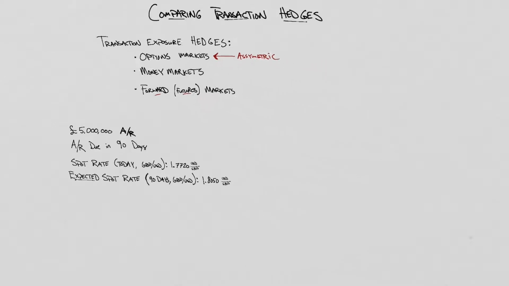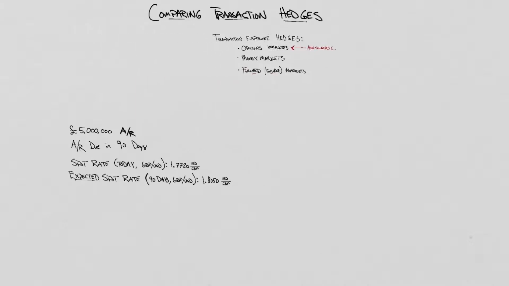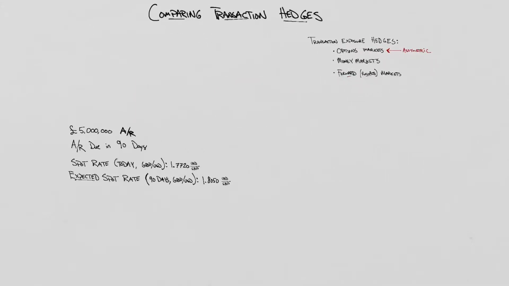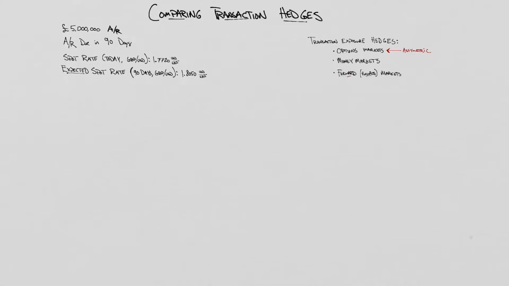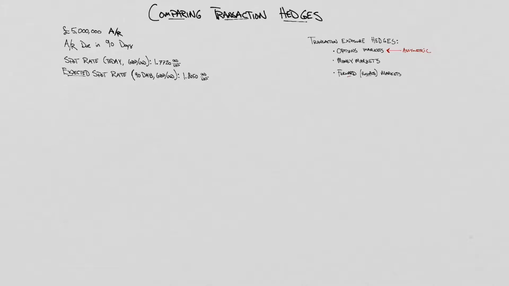So as with all hedges, one thing we could do is basically nothing, and then we could just instead wait to collect on this foreign currency and just accept whatever risk comes with that. And if we didn't actually hedge, then our proceeds from this £5 million accounts receivable as a US company would be whatever that currency was valued at the end of 90 days.